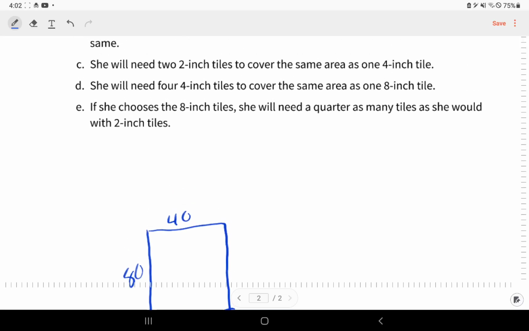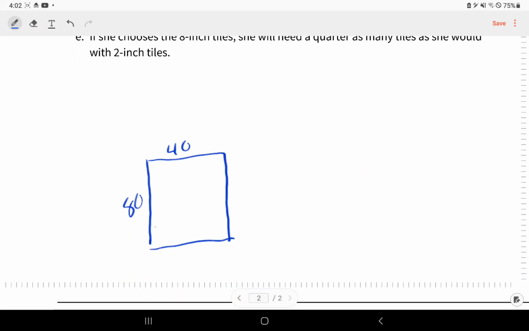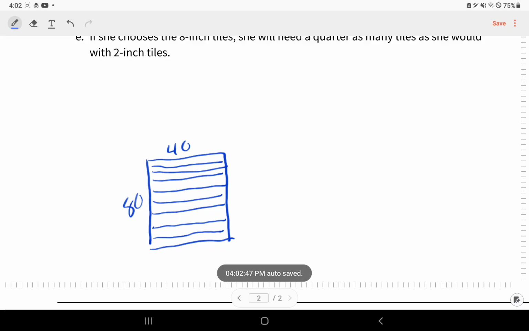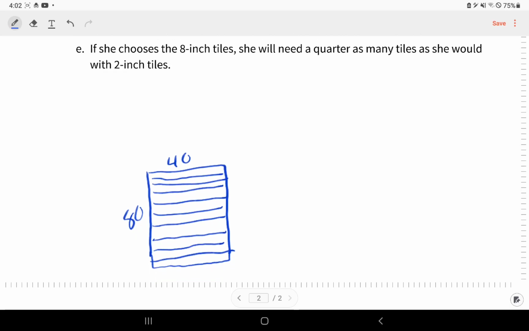Well, if we choose 8, then that means we'll need 10. One, 2, 3, 4, 5, that's 8, 9, 10. And so that's 10 to go up.